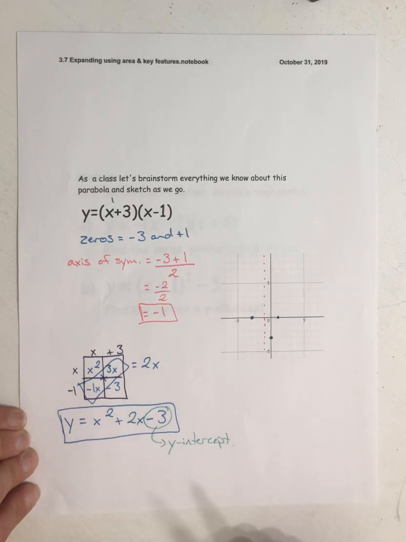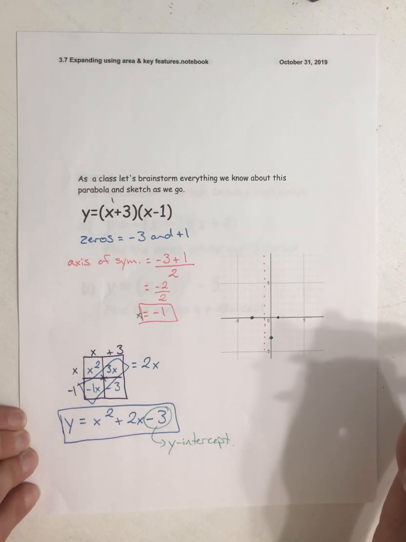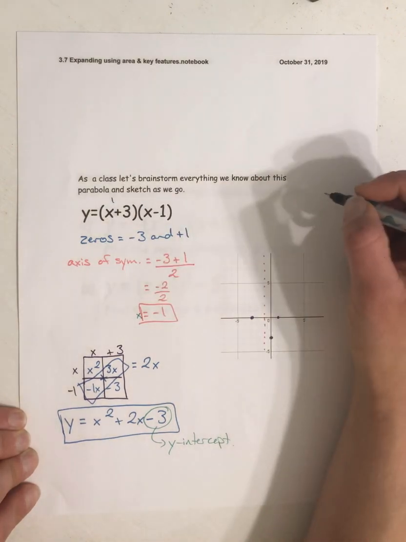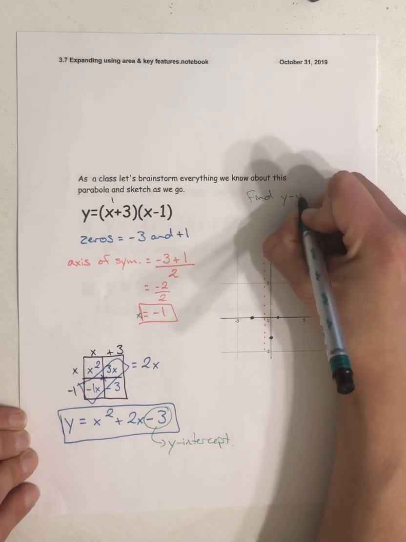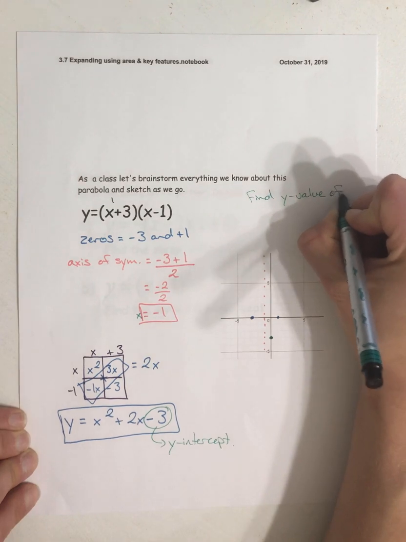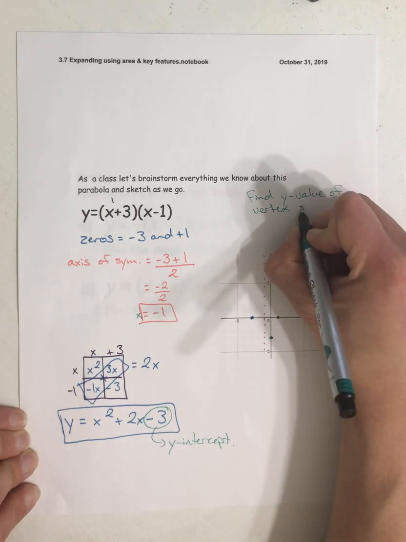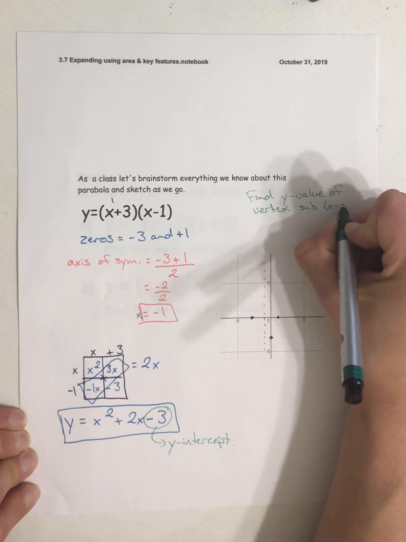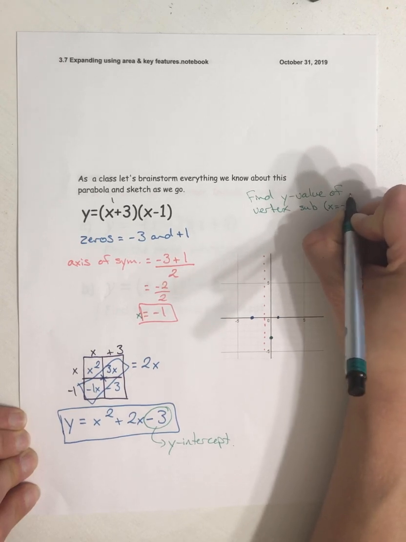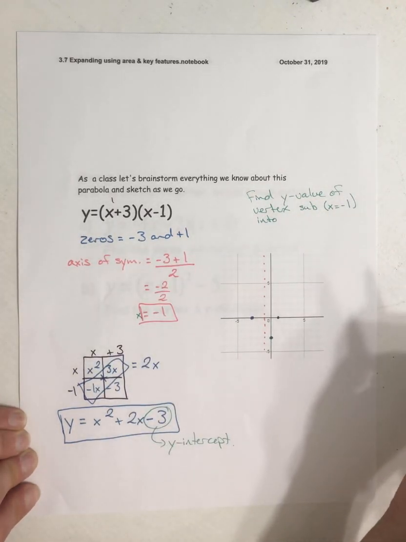So we know that this is part of the vertex. What we're going to do, this is something new for you guys, so we're going to come up here. To find the y value of the vertex, we are going to sub our -1, sorry, x equals -1, into this format.